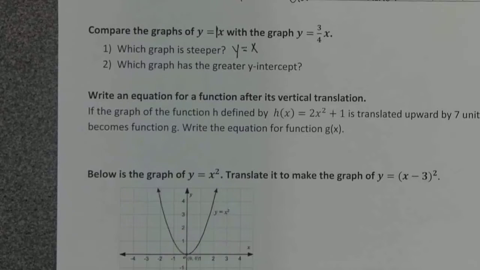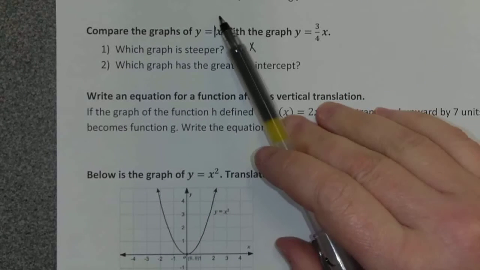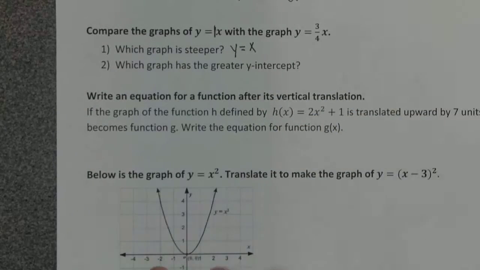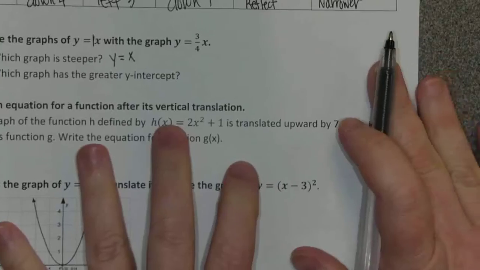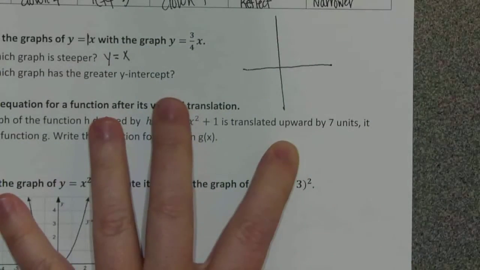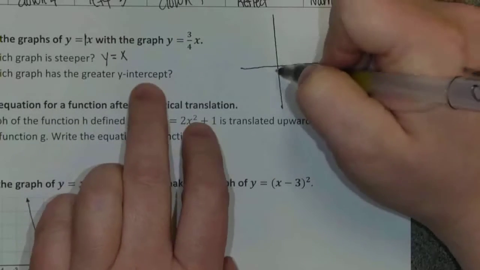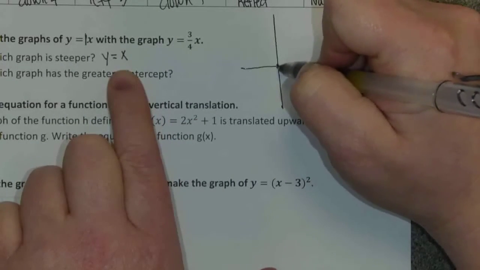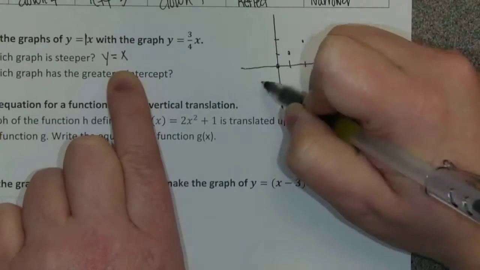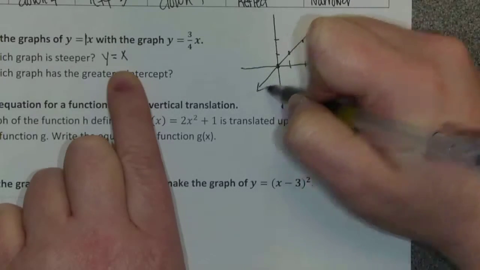Now, someone said to me earlier, Mrs. Clark, that doesn't make sense at all. Here you go up 1 and over 1, but here you go up 3. So how does that work? And I said, well, let's graph it and figure it out. I just want to graph it so you believe me, okay? My graph is kind of crooked, but if I'm graphing y equals x, I would start at 0 and go up 1 over 1, up 1 over 1, and my graph would go through those ordered pairs.